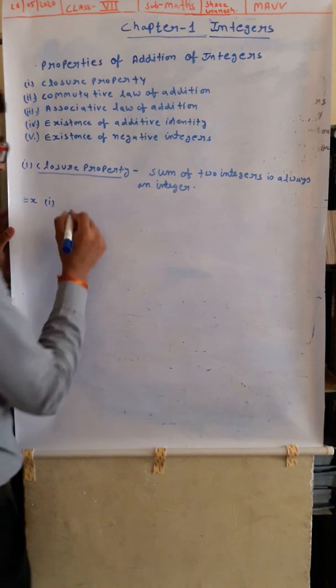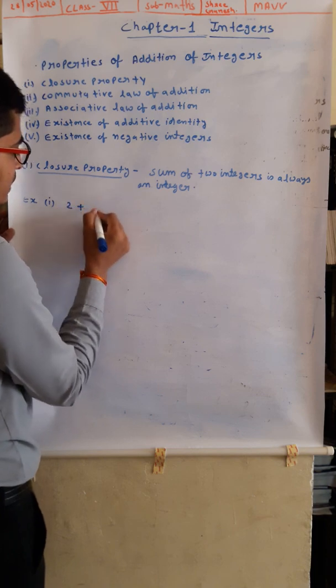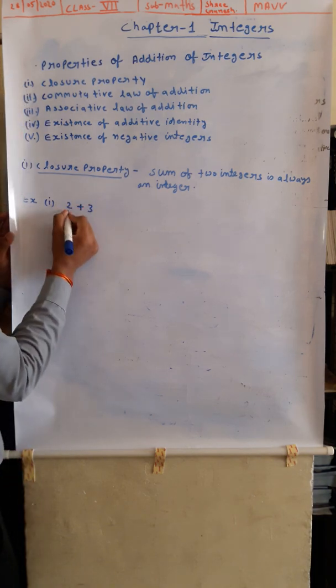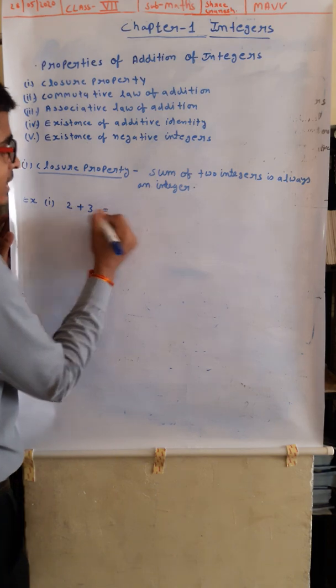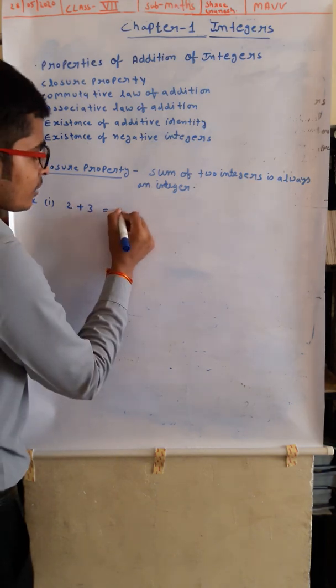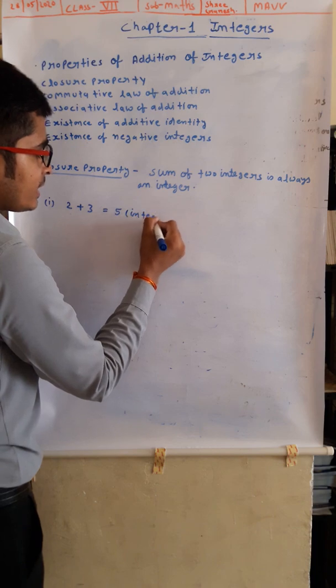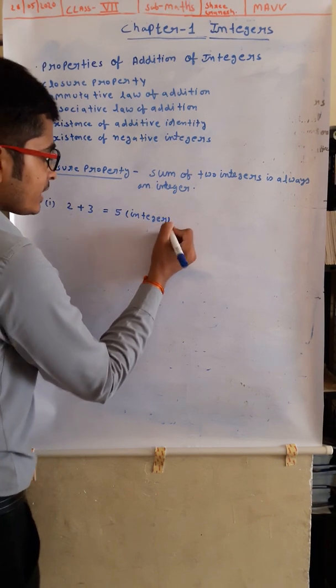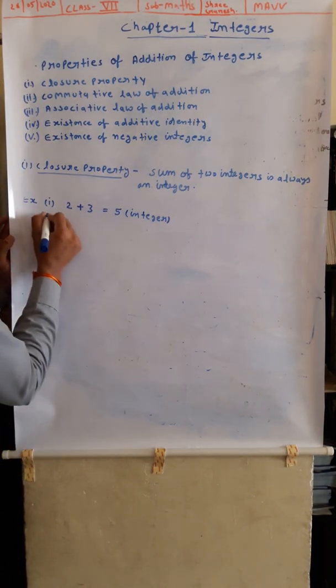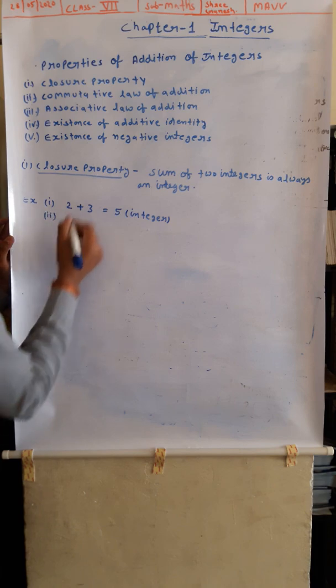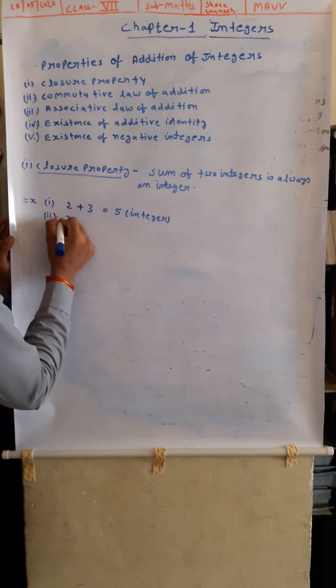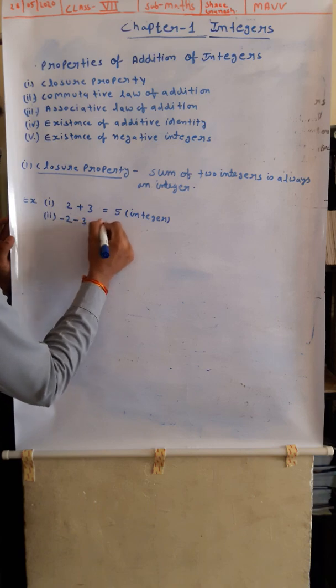Example first, 2 plus 3. 2 and 3 both are integers, so you will get 5, which is also an integer. Understand, dear children? Second example, minus 2 minus 3.